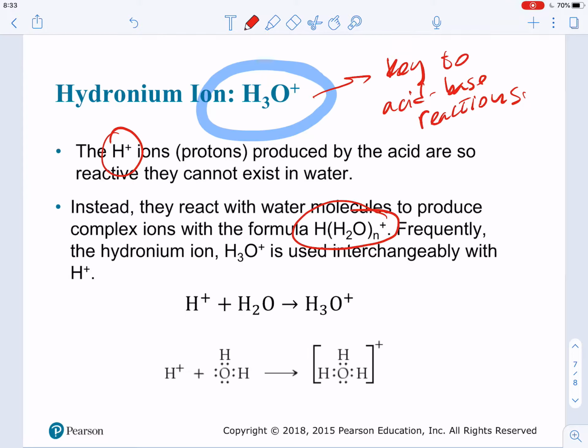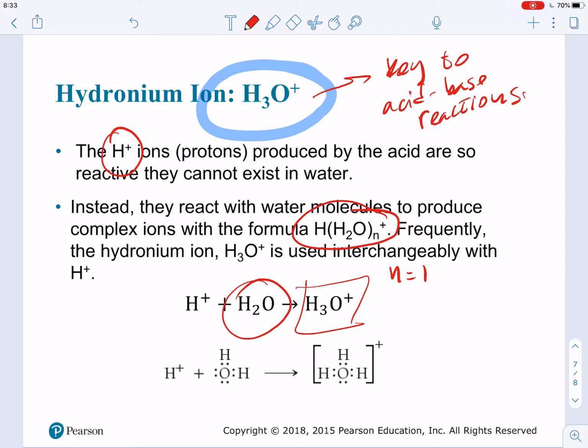That proton, that H plus ion, combined with any given number of water molecules. The most common of which is for n equal 1, which is one water molecule. So this is what you have here. The H plus will combine with one water molecule and will give rise to the hydronium ion.